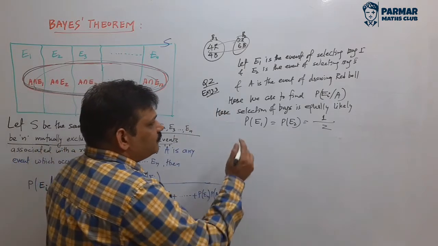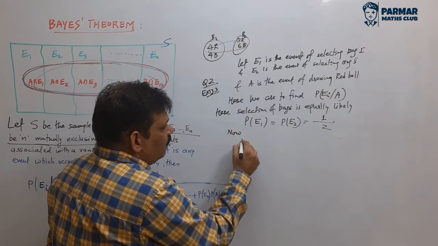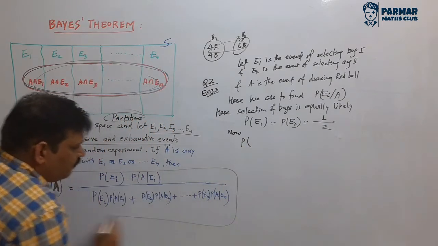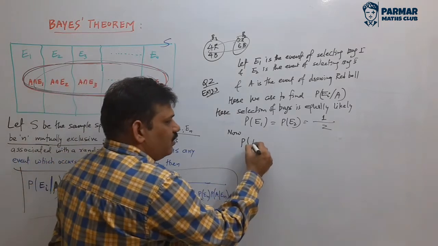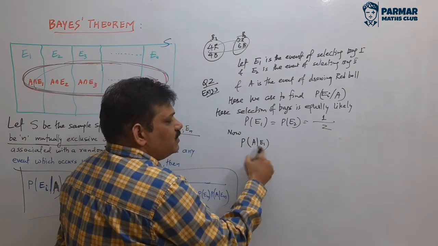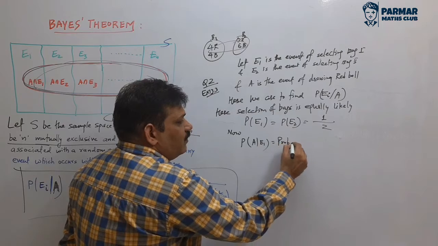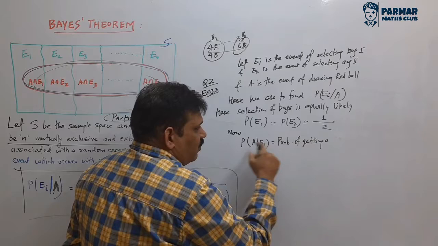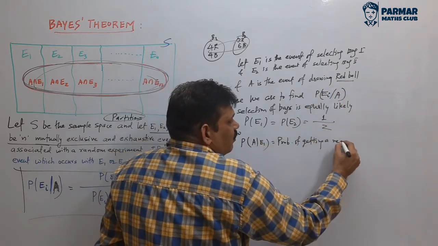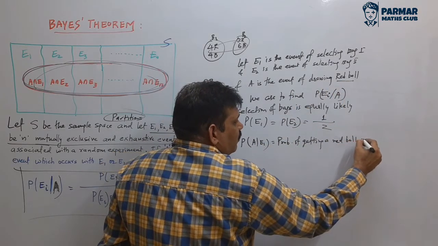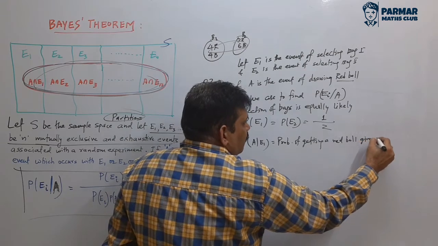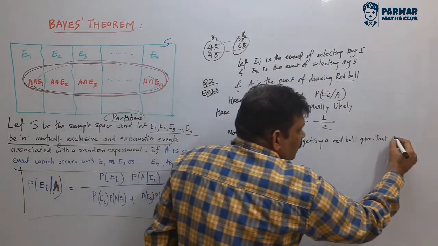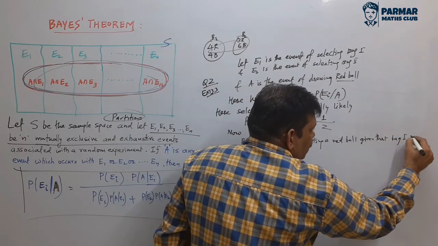Okay. Now we need this formula: we need the probability of A given E1 and A given E2. A given E1 means the probability of getting a red ball given that bag 1 is selected.